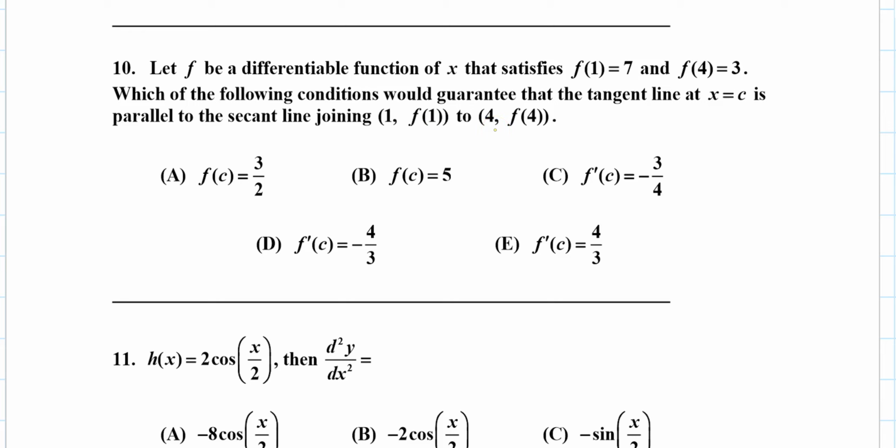Well, if we read this, we have some function. I'm going to draw some function. Okay, we have f of 1, so this point right here is 1. And then we've got some other point over here that is 4.